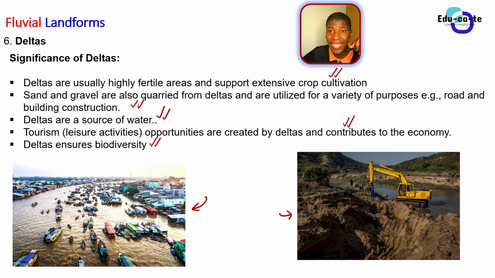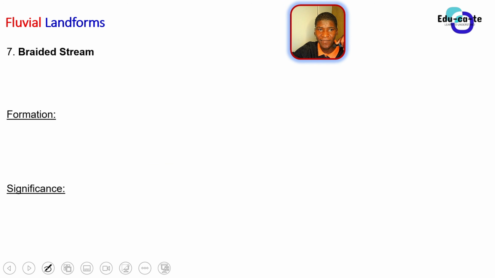It has species found in the soil, species found in the water, many different animals, so it makes the place diverse. There's biodiversity in the deltas. So they are very significant to us humans. By the way, they are contributing to the gross domestic product. They are contributing to the value of the country, in simple terms.